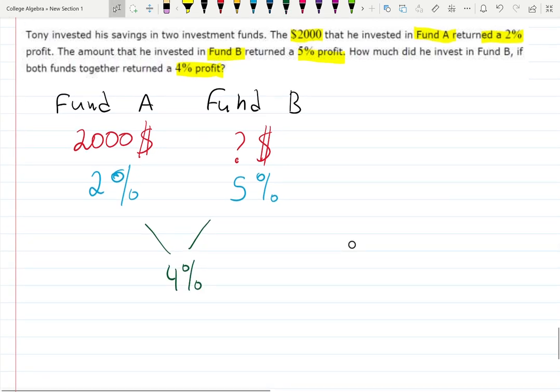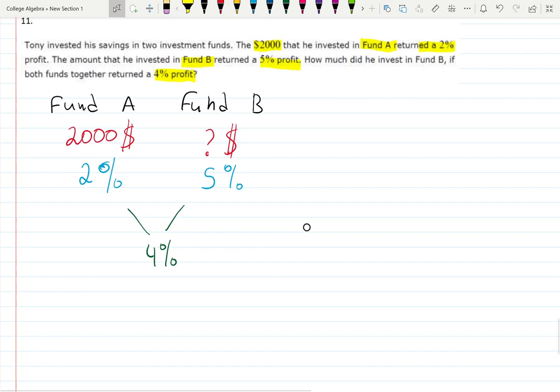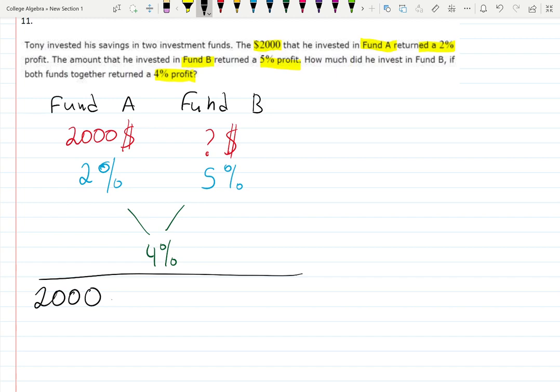Build a system from here. And this is how I see it. Hopefully you get the way I see it, but actually there are different ways to see the same situation. So when I was reading it, I figured out that I took $2,000, put it in the fund A with 2% return, so I need to multiply by 0.02 to see what my return is from the fund A. Then I added an unknown amount of money, so that's X, right?